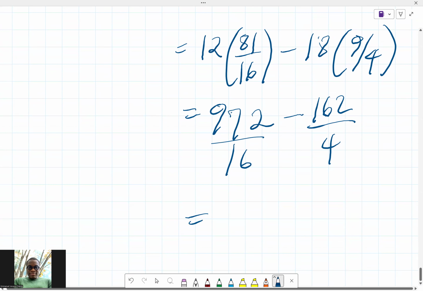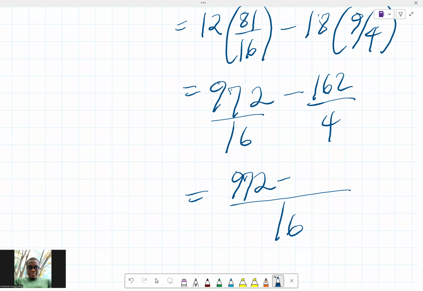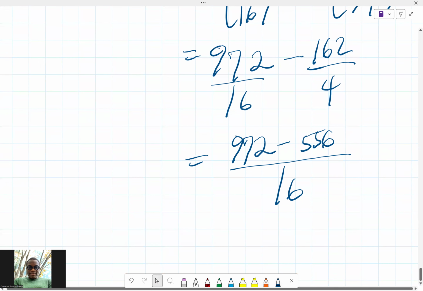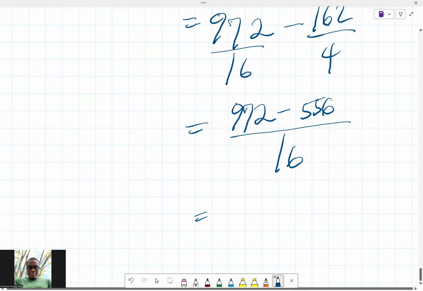So the LCM is 16. So we have 972 minus 4 times 162, which is 556, so 972 minus 556.